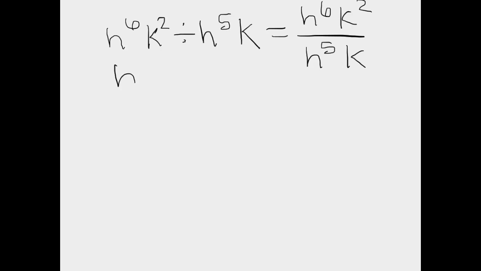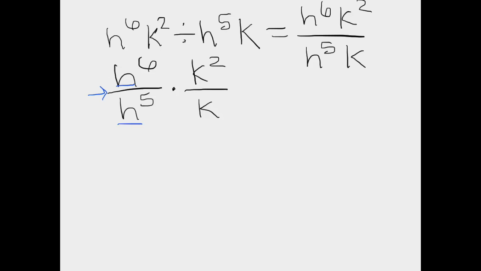So I'd have h to the 6th divided by h to the 5th times k to the 2nd divided by k. So using my quotient of powers property, I see here I have common bases, and I see that they're being divided, so I know that I can use my property.